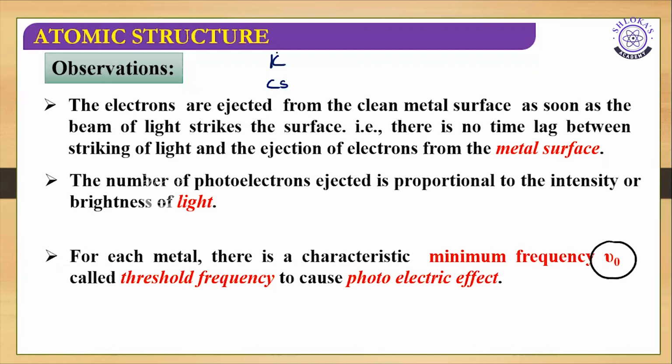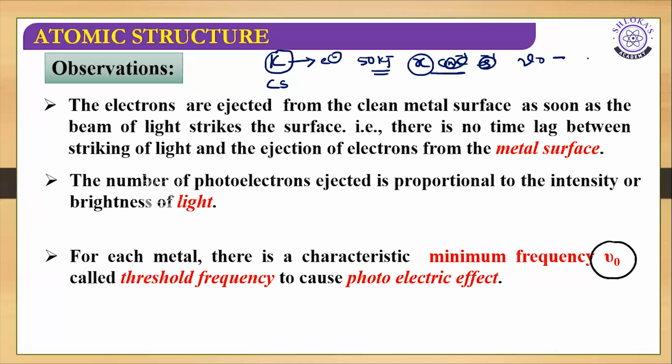For example, potassium is the metal which emits electrons by taking some 50 kilojoules of energy, means some x hertz, per second frequency. So the nu naught frequency: the light rays having nu naught frequency, when touching the metal surface of K, can emit the electron.